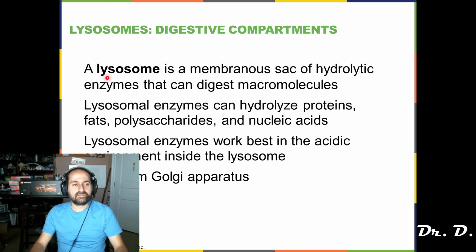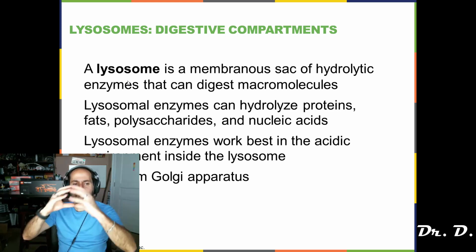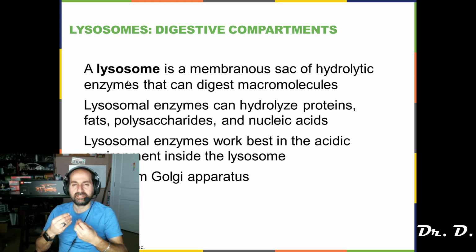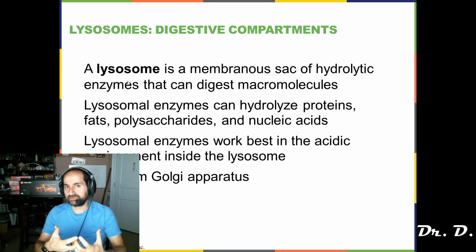Lysosomes. Okay, so the lysosome was just the organelle I was just telling you about. Now, lysosomes are basically a vesicle, but you could call it a vacuole, okay, because it's more permanent. It's a vacuole full of digestive enzymes, hydrolytic enzymes. You know what hydrolytic means, right? Enzymes that can do hydrolysis.